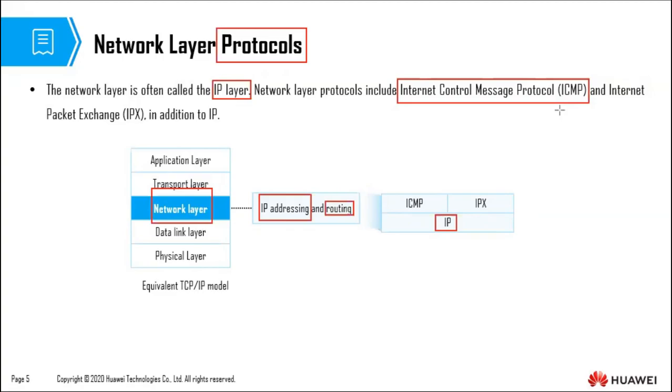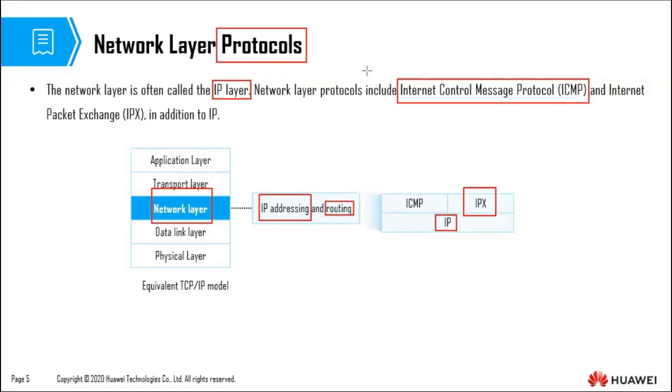It's one of the subtopics. It enables data forwarding through reporting. So we are going to see how. Then we also have another protocol called IPX, or Internet Packet Exchange.